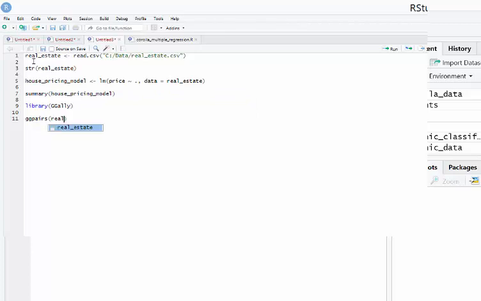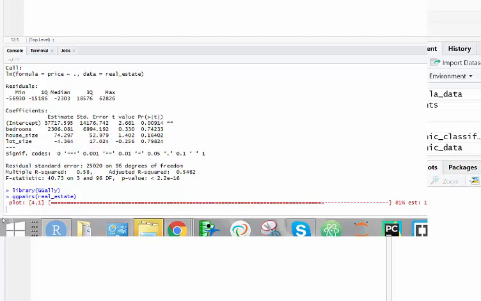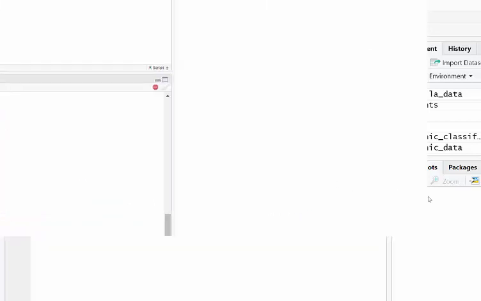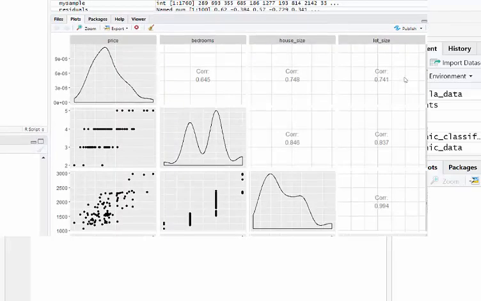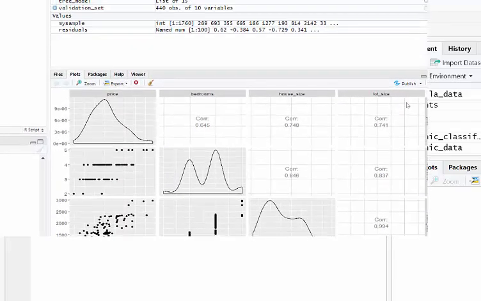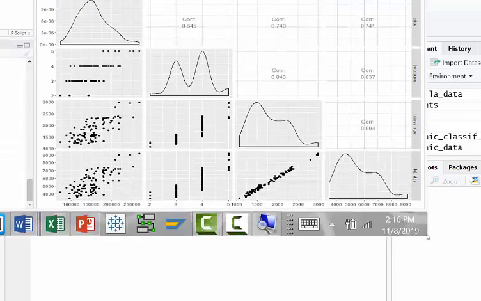That's my real estate. That's it. Okay? So when you run this line, it'll take some time. But at the end, over here, you will see a beautiful plot. Okay? Just like this one. I'm going to make it slightly more compact.